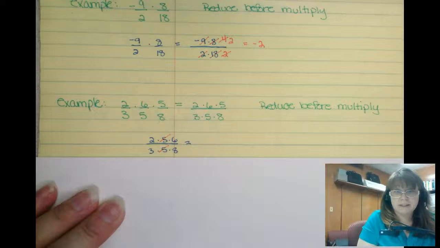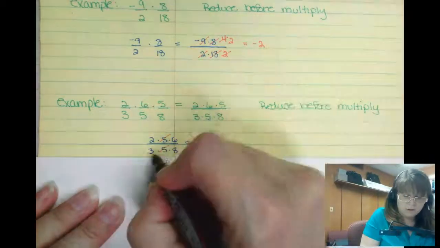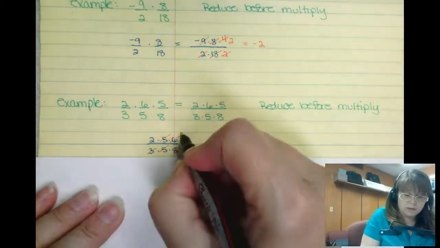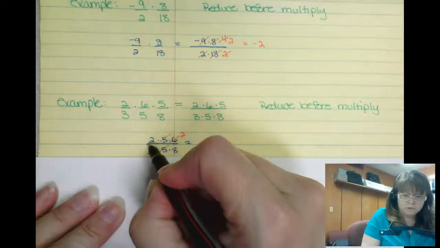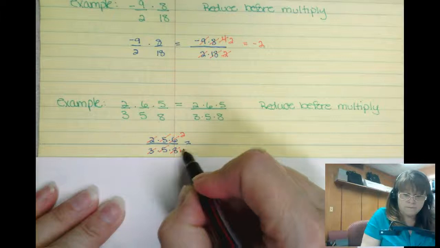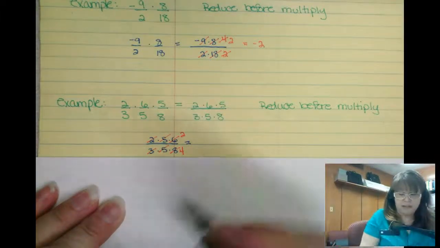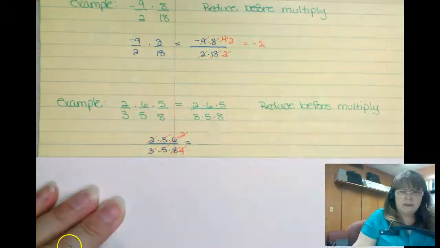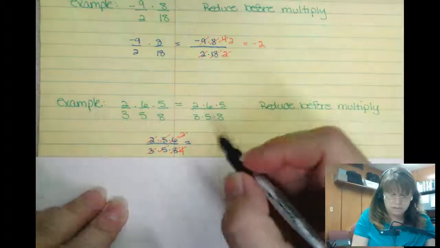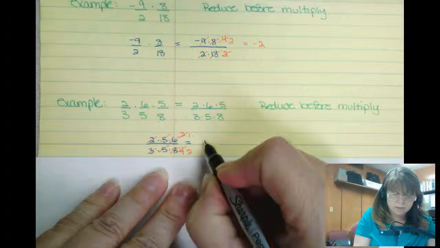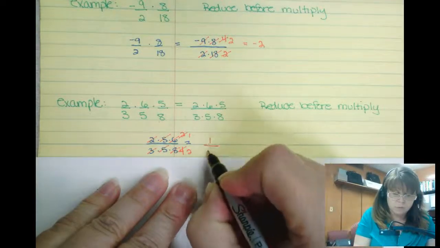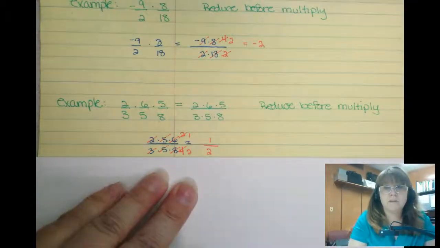That's definitely reducible. 6/3 reduces down into 2. 2 goes into 8 4 times. And 2 goes into 4 2 times. But you do have to remember you still have a 1 on the top of the fraction.